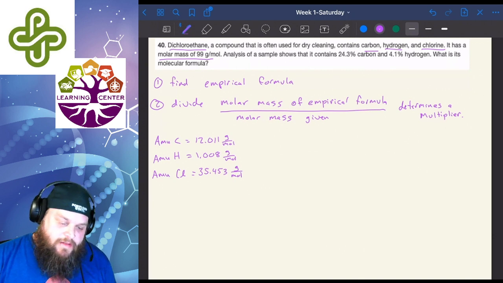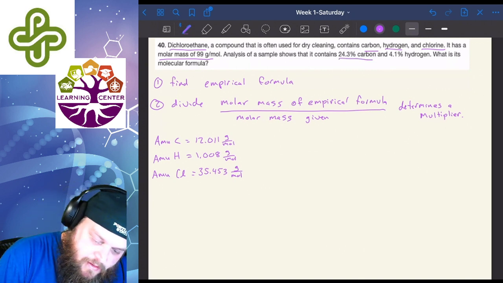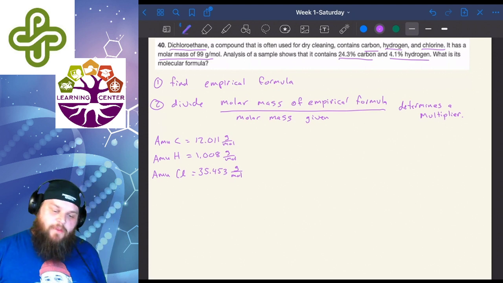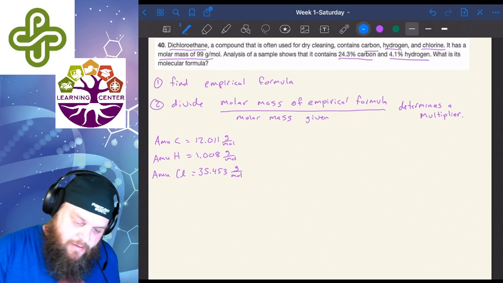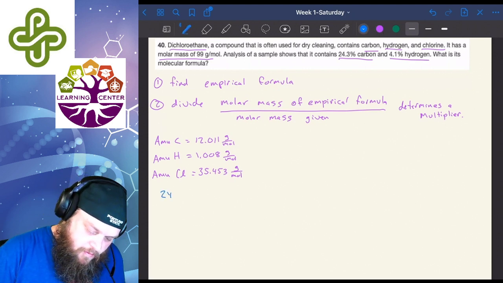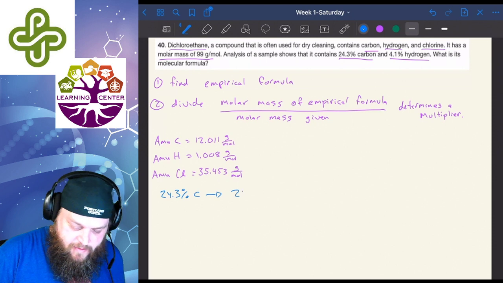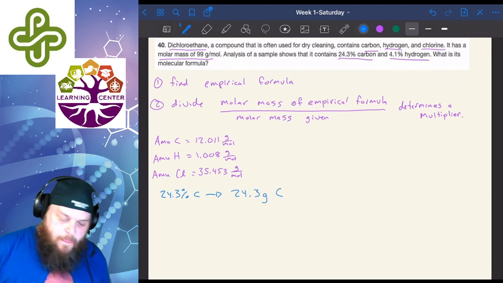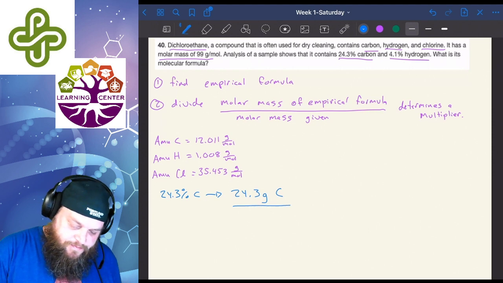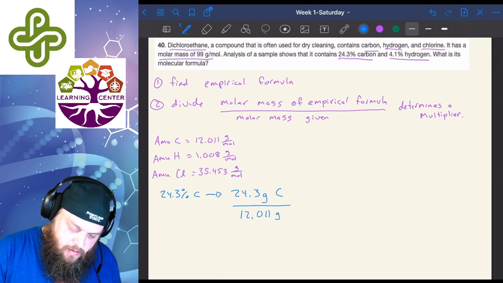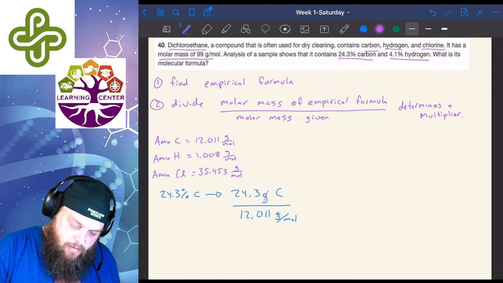So now we need to determine our molecular mass. It does tell us the percentages. That's what we need to work off of. So we know that the percentage of carbon is 24.3% carbon, which tells us that with 100 grams of it, we have 24.3 grams of carbon. So if we divide by 12.011 grams per mole of that, grams are going to cancel out.